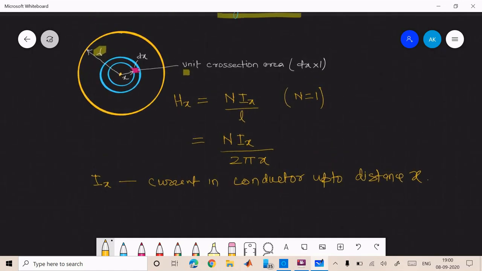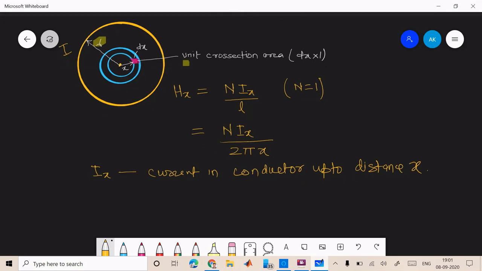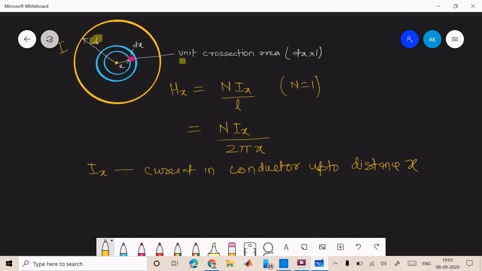See, this conductor whose radius is r is actually carrying current I, capital I. So this whole current I is uniformly distributed throughout the cross section of the conductor. And Ix will be the current enclosed, or current up to the distance x. Obviously, the value of Ix will be lower than the value of I.